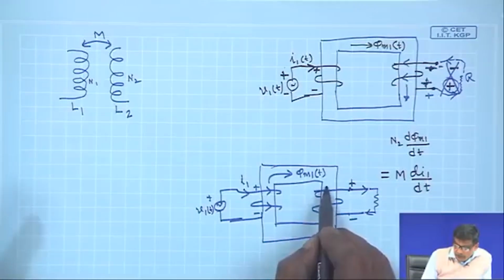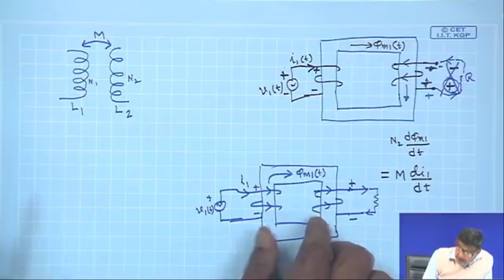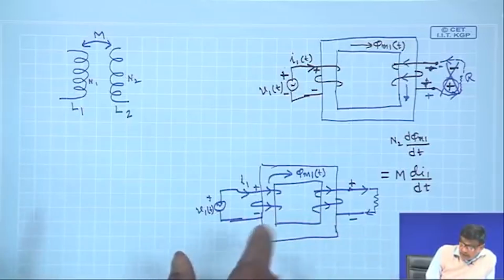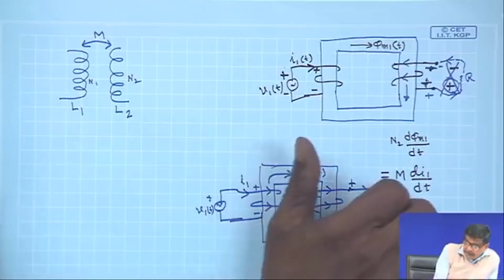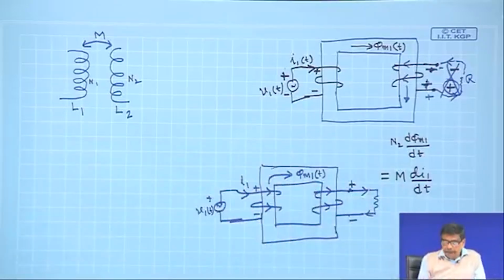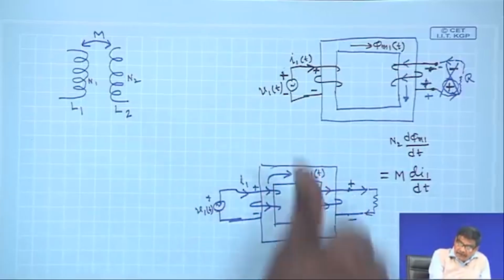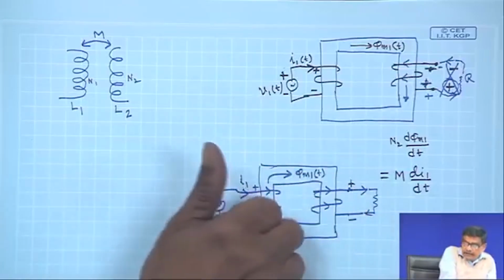So, the current direction in the coil will be like this, and the secondary coil current is flowing in such a direction that the flux produced, you have to put all your other fingers along the direction of the current to get the direction of the flux, as we have done here.